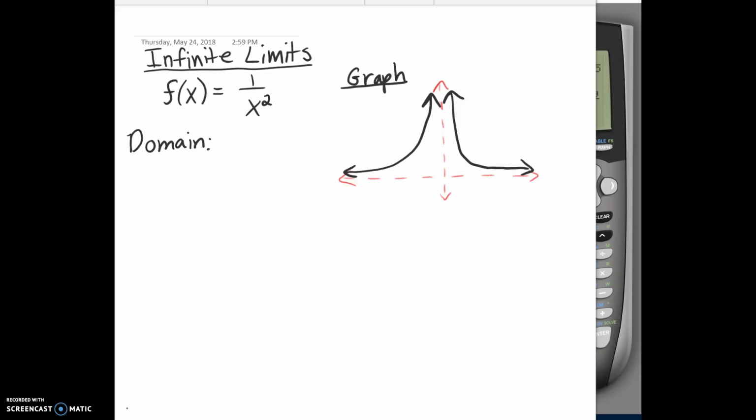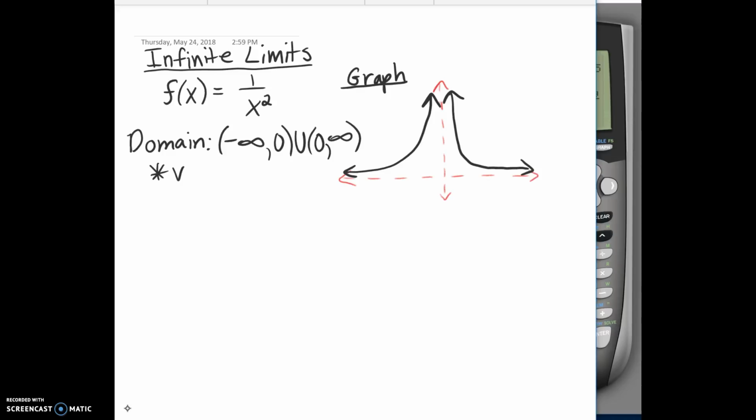Notice in red there are asymptote lines, vertical and horizontal, and we're going to really focus on the vertical here. The horizontal is another type of limit that we're going to be looking at. Your domain for this graph is negative infinity to 0, union 0 to infinity, with parentheses because we have that break at 0 due to the vertical asymptote.